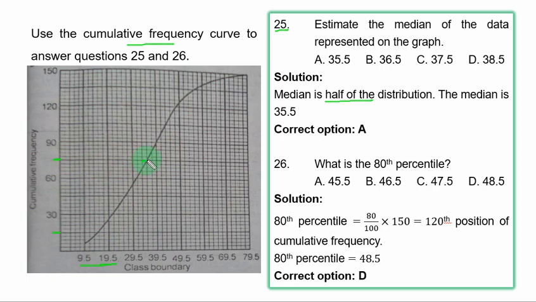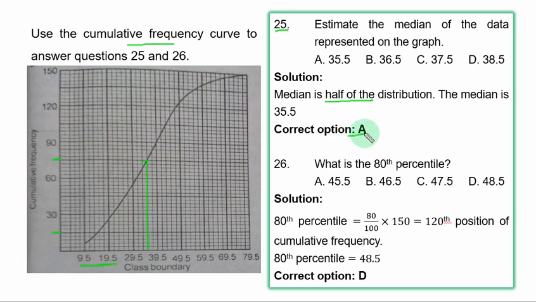So you trace this point to the class boundary axis, you have it somewhere here. So from here, 29.5, you add 2, 31.5, 33.5, and you have 35.5. So the option is A.